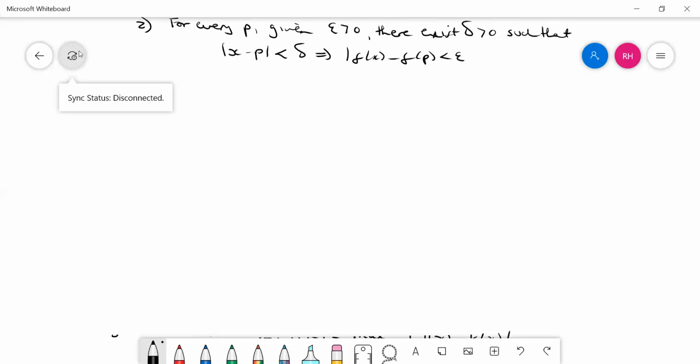Okay, we need two diagrams here, so let's do that. Do that, and then let's do a cross, and then I'll do the other side. Let's draw here and here.